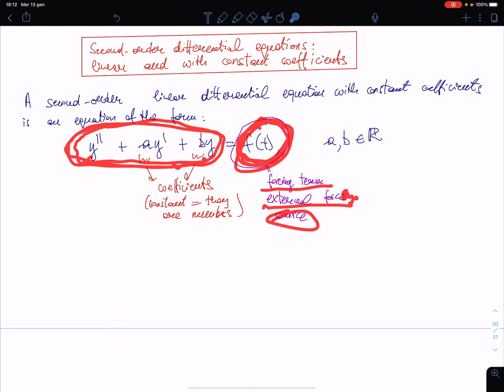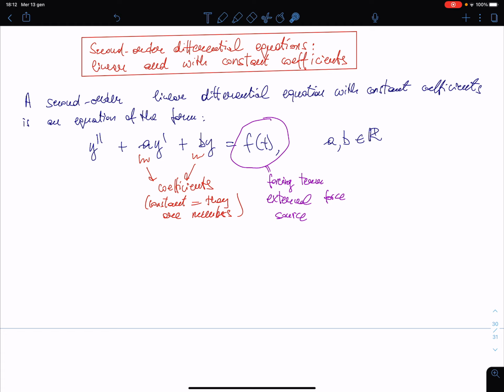And source means that something external produces an action on your system. This is just a terminological remark, but it is important because words are important, like a very well-known Italian movie director used to say.